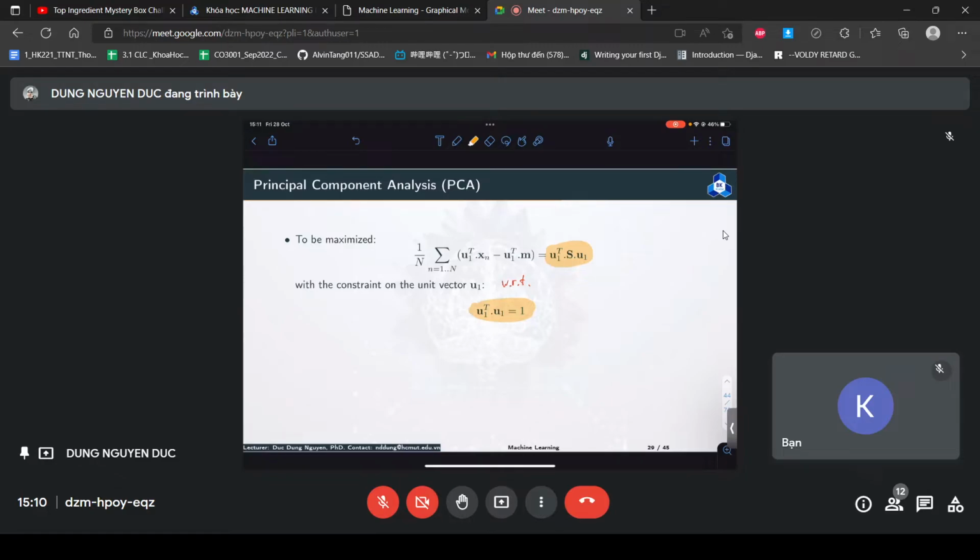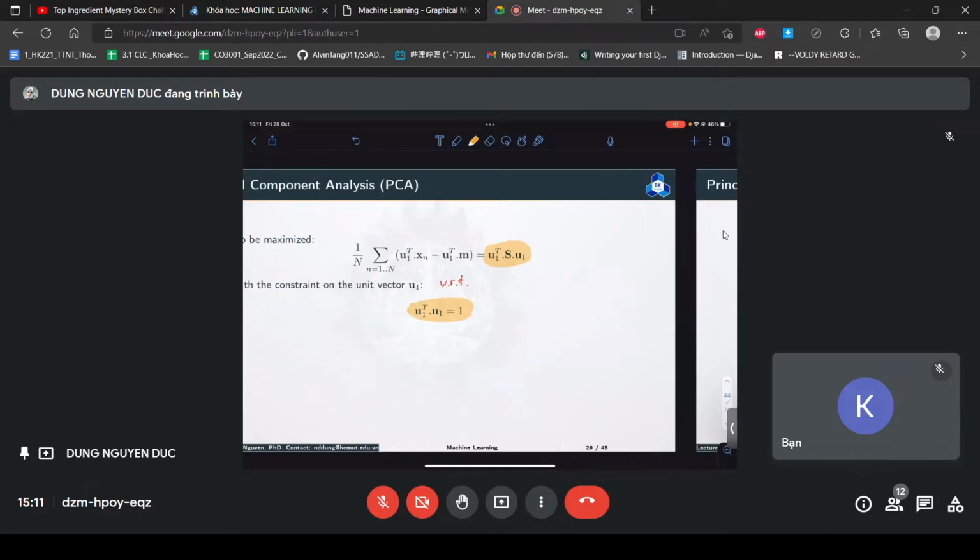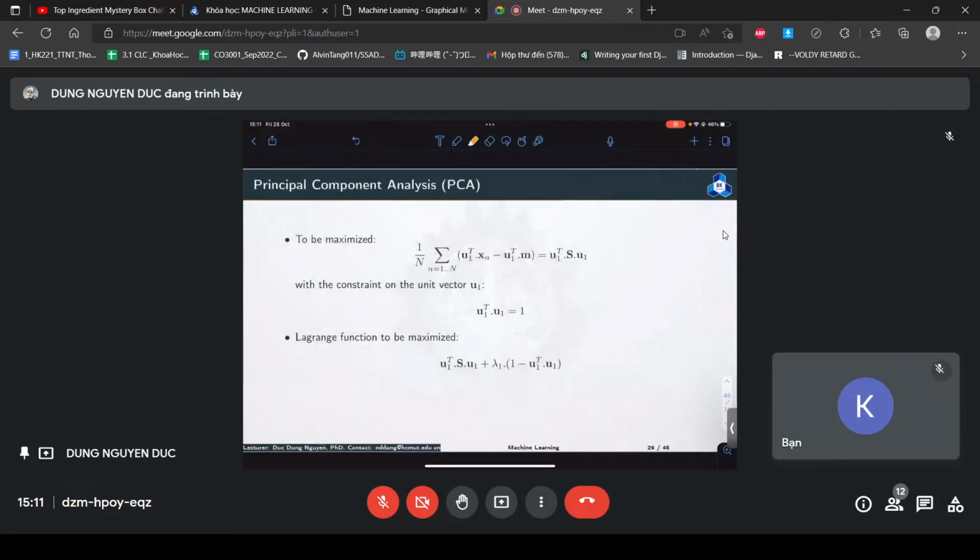And this constraint says that the projection U is just a unit vector, okay? So you are projecting your data onto the new dimensional space by U1, and that U1 is the unit vector. That's it. And so we end up with the Lagrange equation like this one. And as you know, we can easily end up with this solution. It's not hard for you to rewrite it.